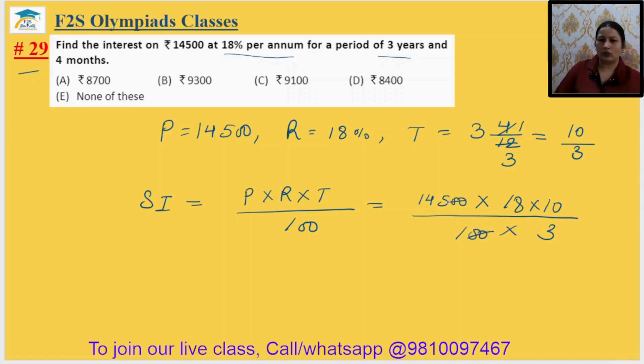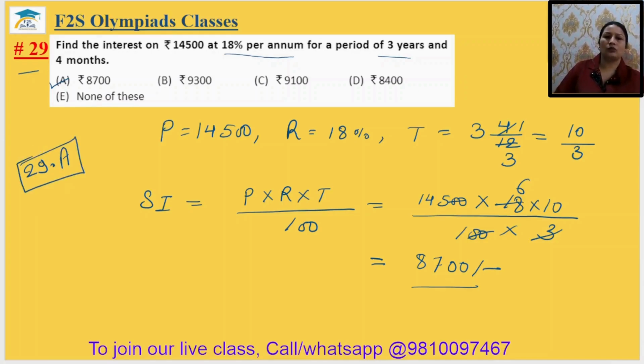Okay, remove 0 0, 3 6s are 18. Now we have 145 multiplied by 6 equal to 870 and multiplied by 10. So that is your 8,700. 8,700 rupees will be the simple interest on this principal. The 29th answer will be A.